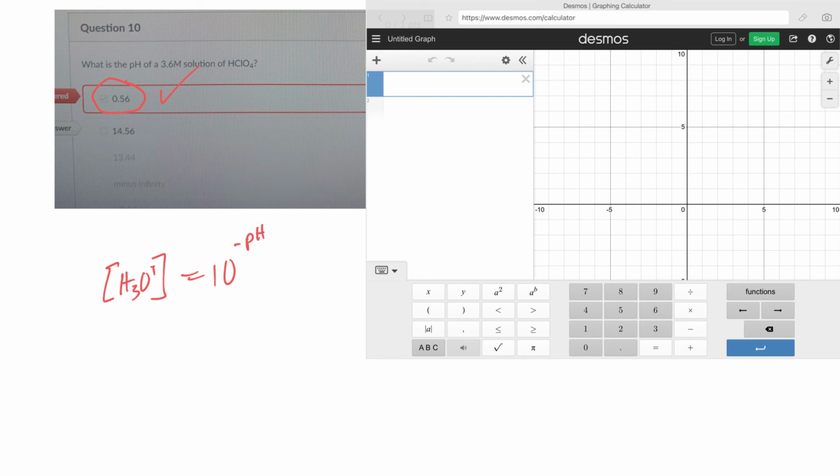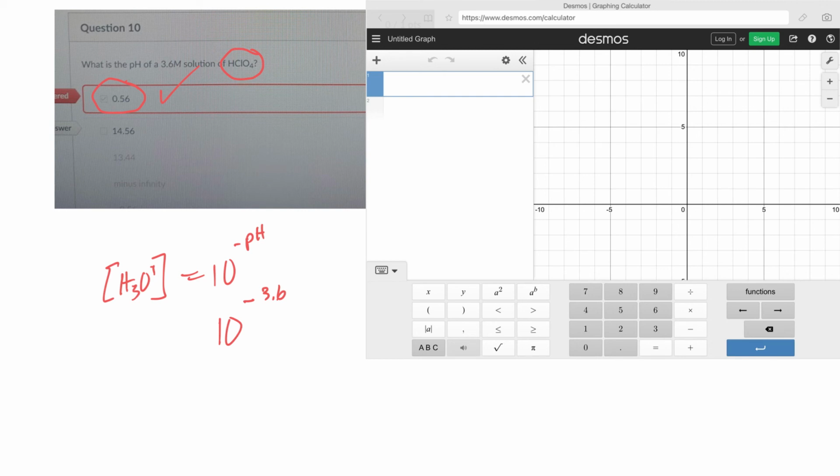And I can do that because this is a strong acid. Perchloric acid is, I think, one of the top dogs. So then if you go 10 to the negative 3.6, you're going to get a small number like that. Like it'll be a very strong acid. It'll be close to 0 or around 0. Let's try it.